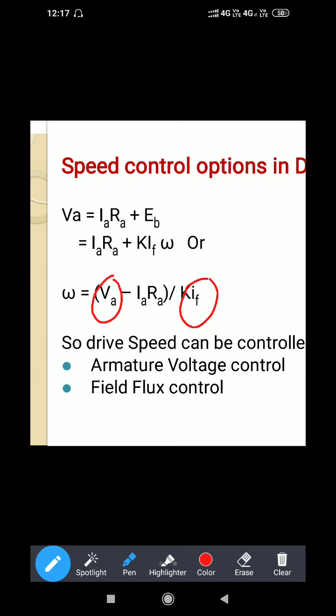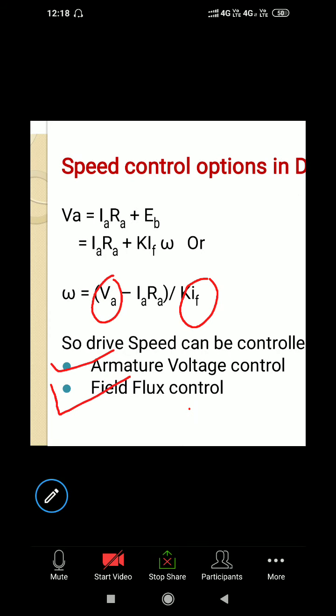From this conclusion, the speed of DC motor can be controlled by armature voltage control and field flux control. These are the two ways by which we can vary the speed of DC motor: by varying armature voltage and by varying the field flux, or we can say the field current, right? Okay.